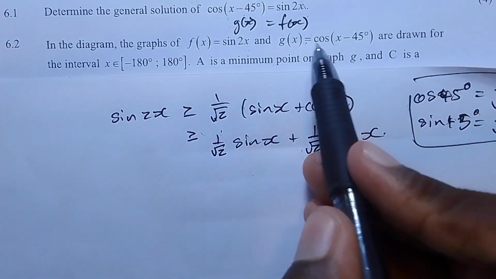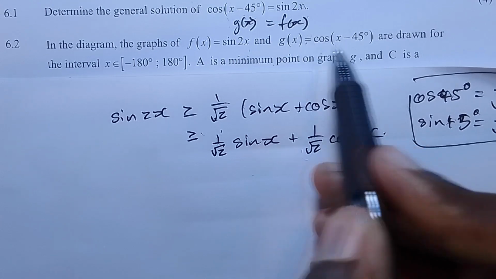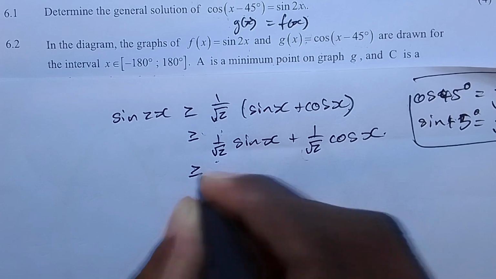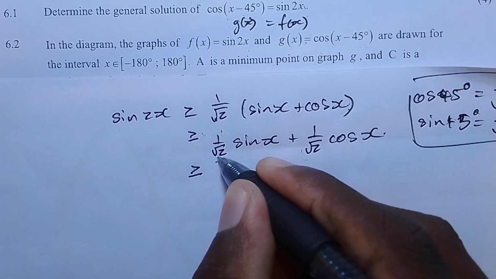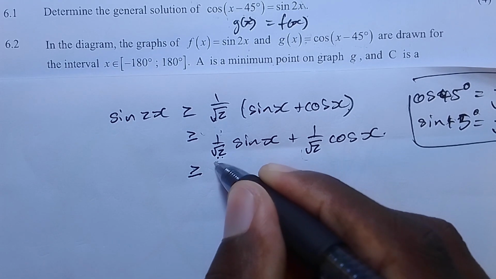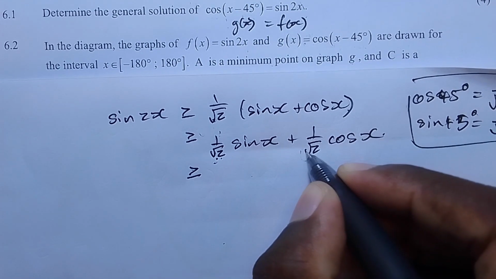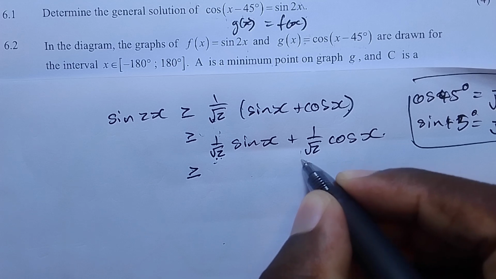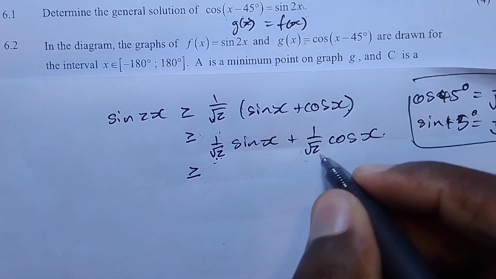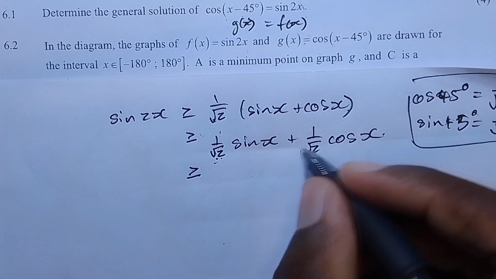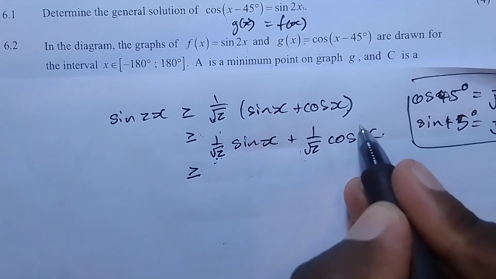So we want to get this function. If we were to change this to be sine, so if this was sine 45 and this was also sine 45, we would have a hard time trying to simplify that, because we'd have sine 45 here, sine 45 there. It's sine cos.